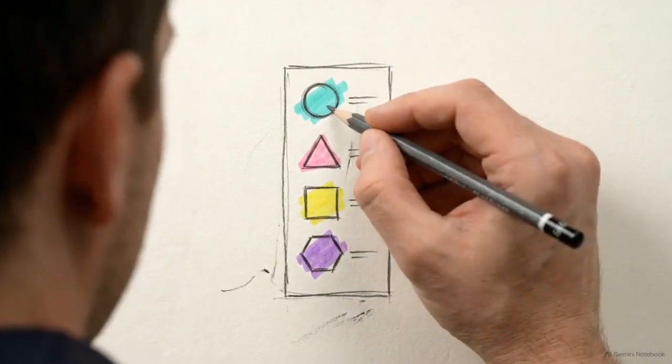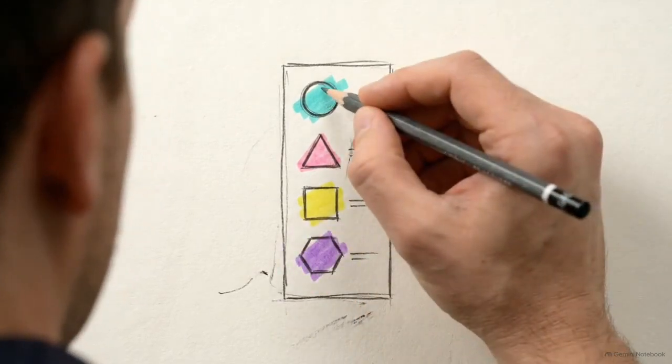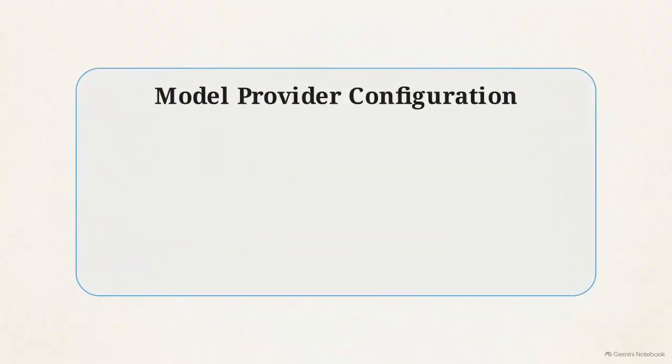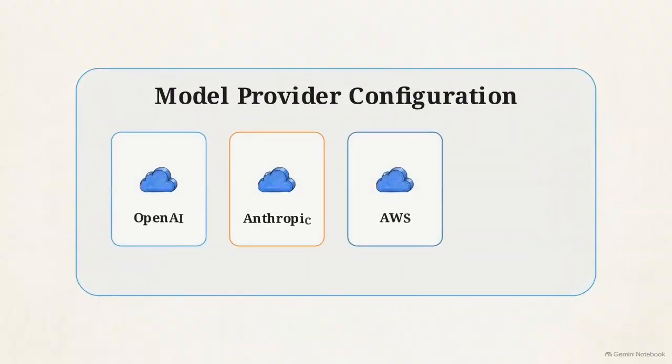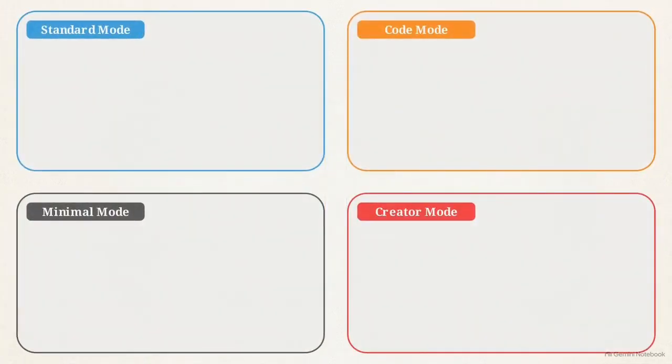While DeepSeek develops the framework, it is model agnostic, meaning you aren't forced to use their specific API. The model provider drop-down catalog includes built-in support for OpenAI, Anthropic, AWS, or local endpoints. Next, select from 4 pre-configured runtime modes defining the agent's capabilities.